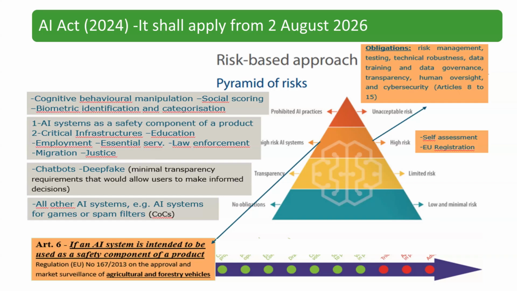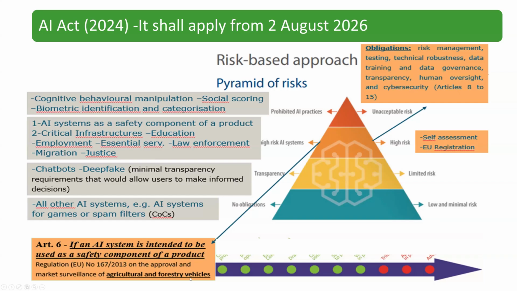But the interesting design is its self-assessment. Each AI service provider needs to assess their service internally on whether it's high risk, and if they consider it high risk, then they need to register their AI tool in a central EU database.